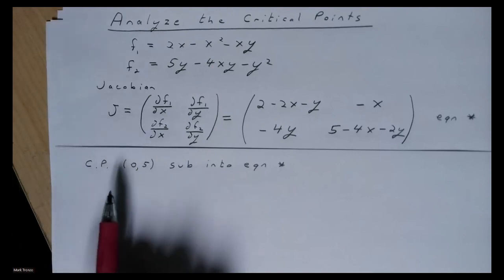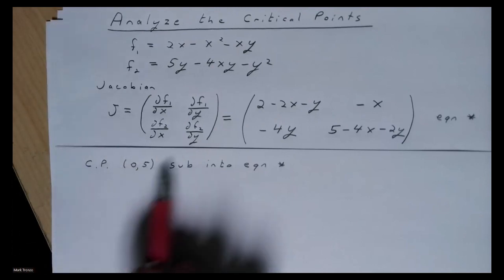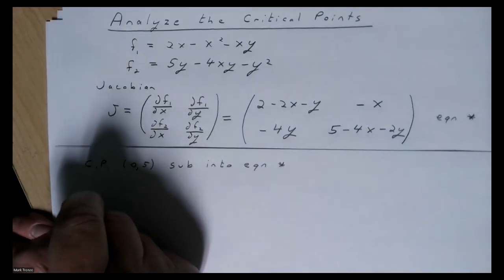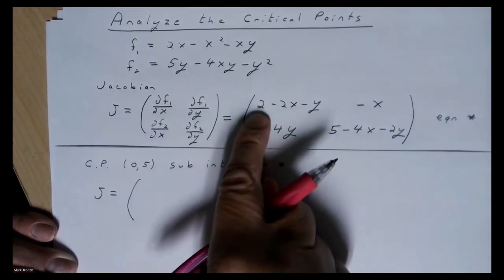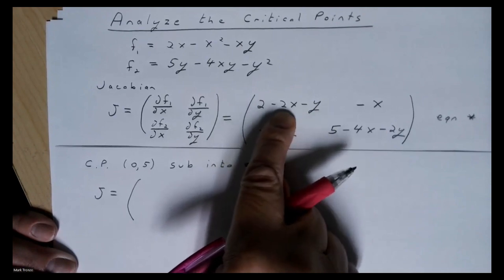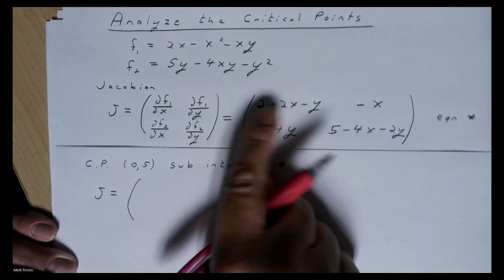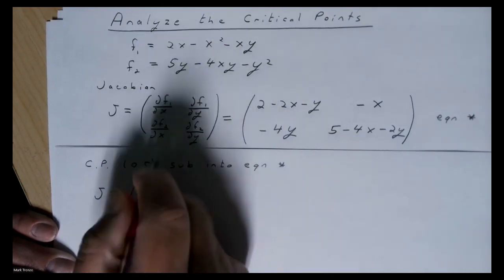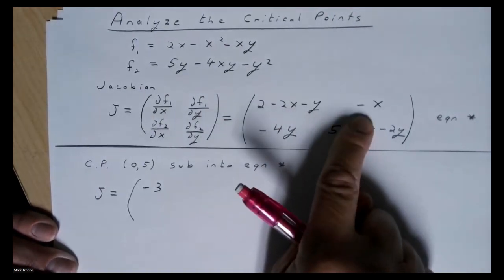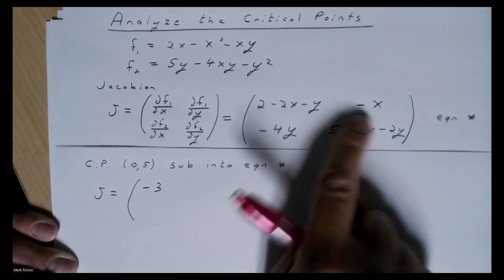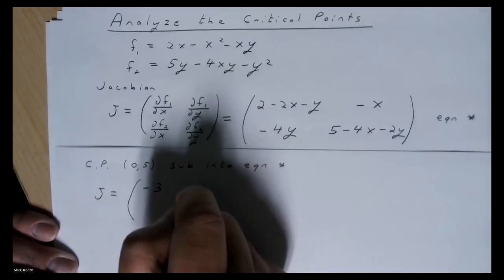And let's look at our other critical point, 0, 5, and substitute into here. We put 2 minus 0 minus 5, that looks like minus 3. And over here, when we put 0 in here, we get 0.